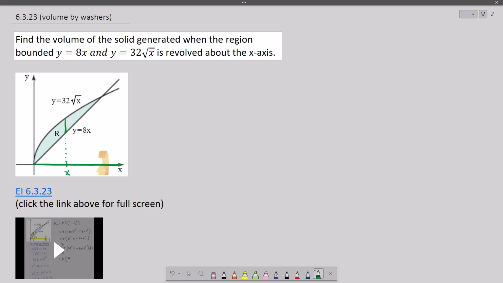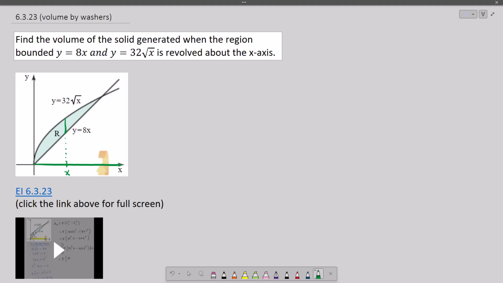If it was parallel to the axis, it would create what shape? A cylinder, right? If it's parallel to the axis of rotation, it's creating a cylinder. But perpendicular, it's going to either create a disk or a washer, depending on whether the region is touching or not touching.